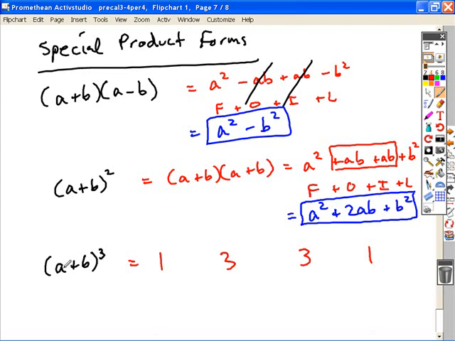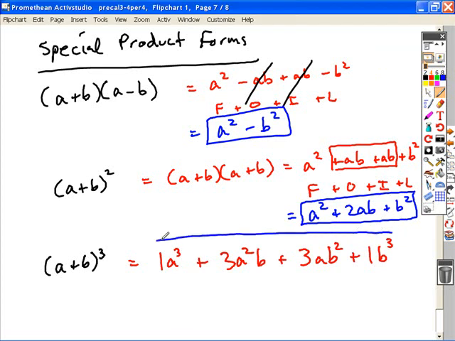And then you just take your first term as A. You're going to cube it, square it, to the first, to the 0, leave it blank. And then take your last term B. You're going to cube it, square it, to the first, leave it blank. And you're just going to fill in your spots here. Okay, and so this right here becomes your binomial cube pattern.